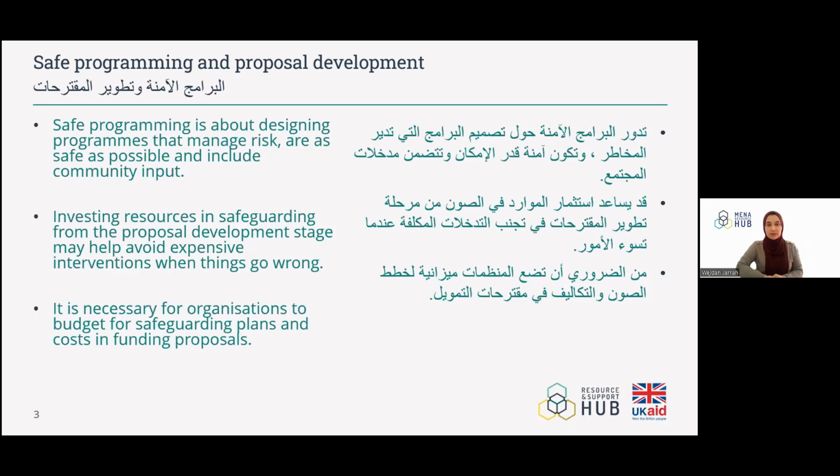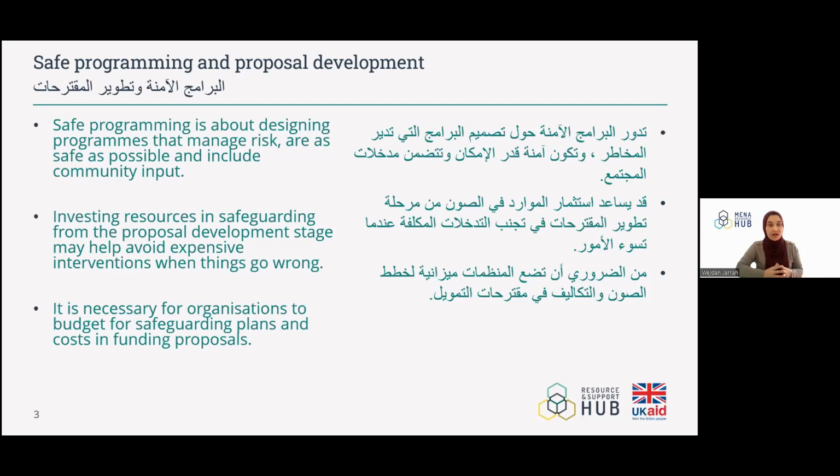As for safe programming and how to integrate it into project proposal development, it's everything that you can do or avoid during writing, so that it would eliminate harm to societies.